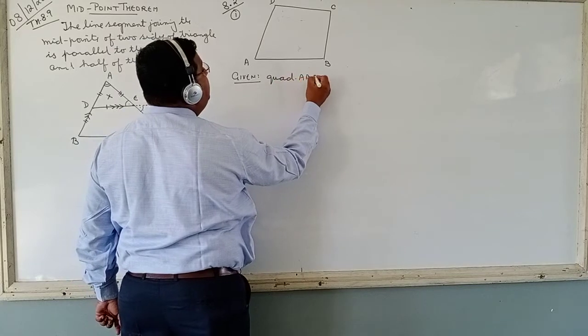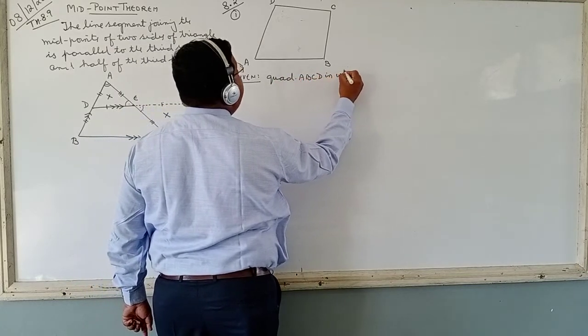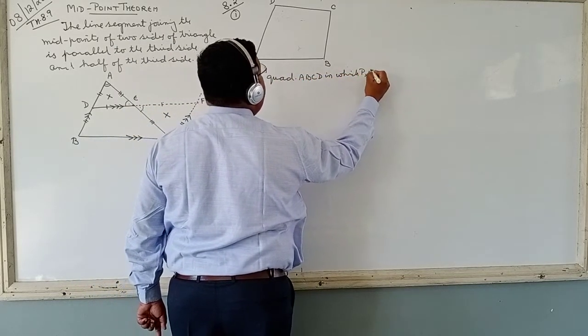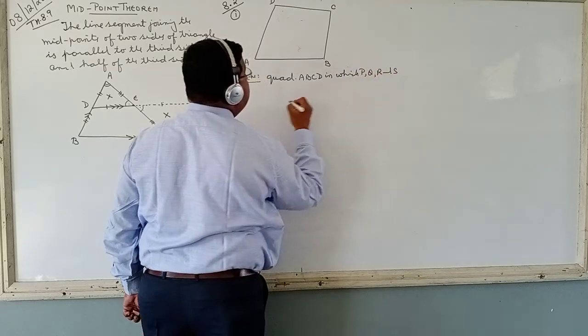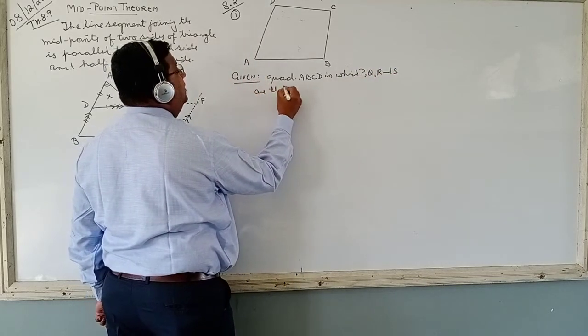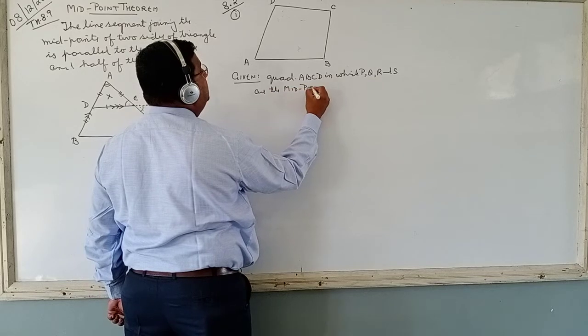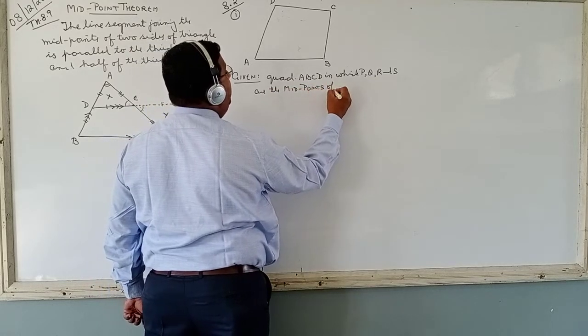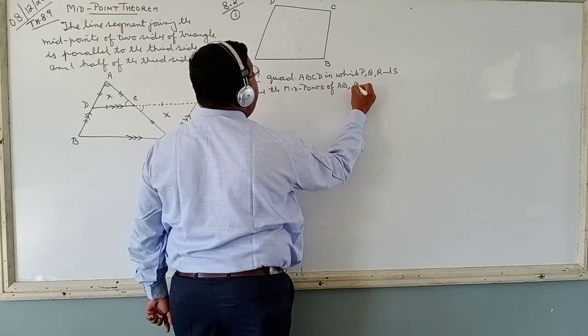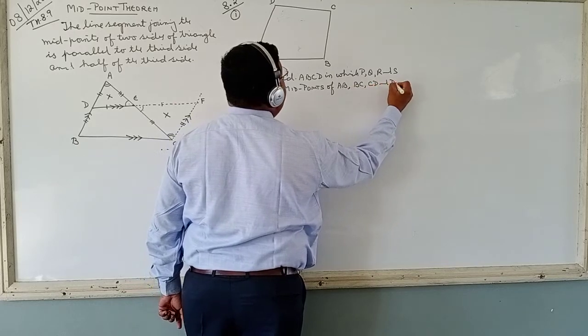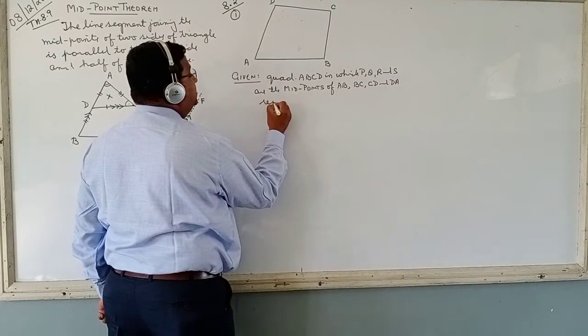Quadrilateral ABCD in which P, Q, R and S are the midpoints of AB, BC, CD and DA respectively.